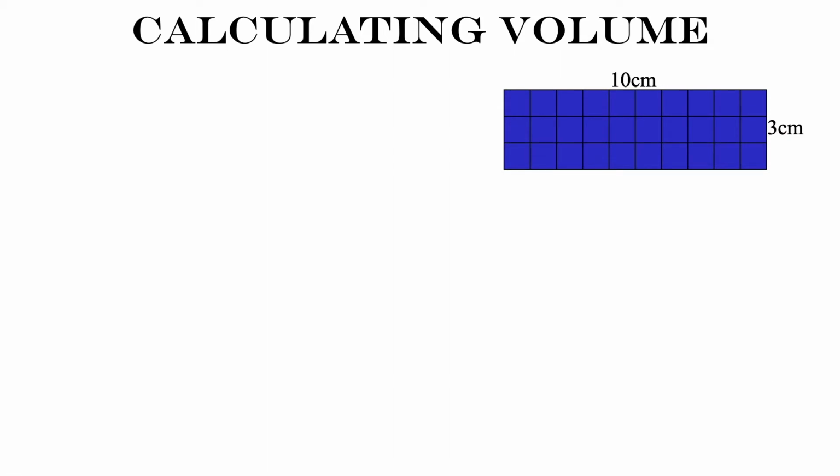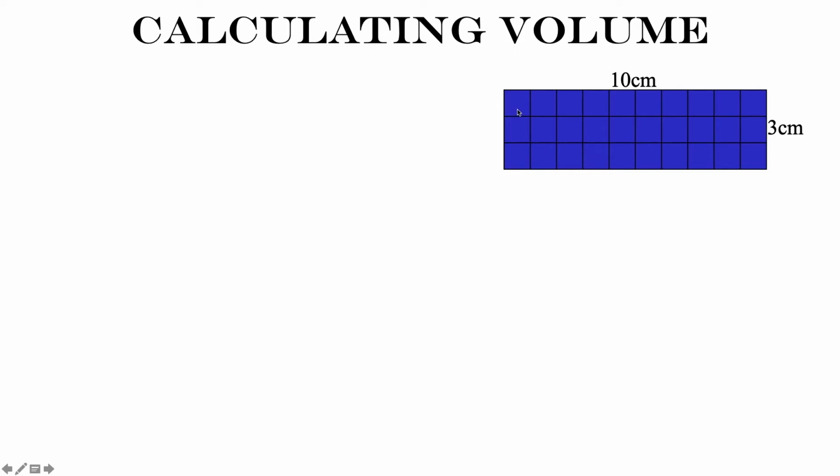So one way is to multiply 10 by 3. Or, since we are talking about cuboids and volume measured in cubic centimeters, for consistency let's ask how many of the cubes that we just saw as the basic measure of volume can go into this area here.